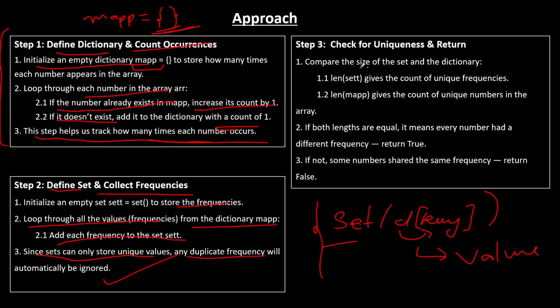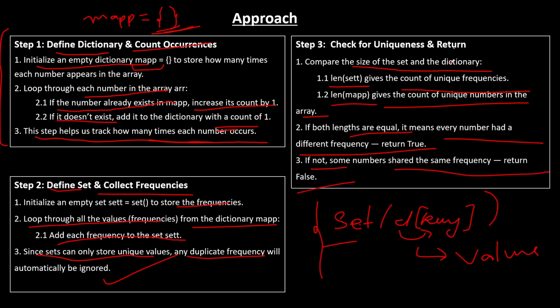Now compare the size of the set and the dictionary. The length of the set gives the count of unique frequencies, and the length of the map gives the count of unique numbers in the array. If both lengths are equal, it means every number had a different frequency, and we return true. If not, some numbers share the same frequency and we return false. Let me repeat it again. If the set has 2 and 3, and the map has 2, 2 and 3, then 2 appears 2 times.